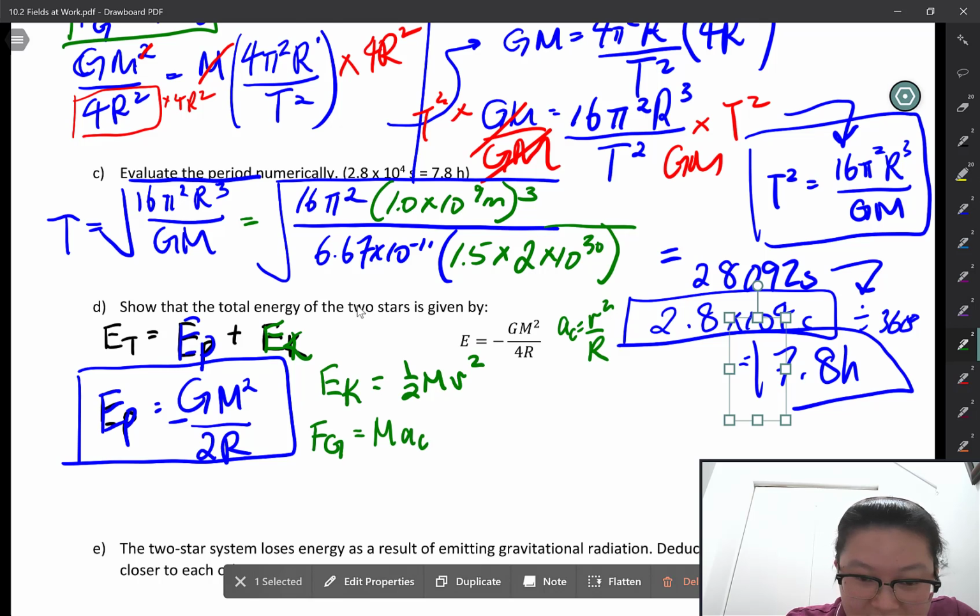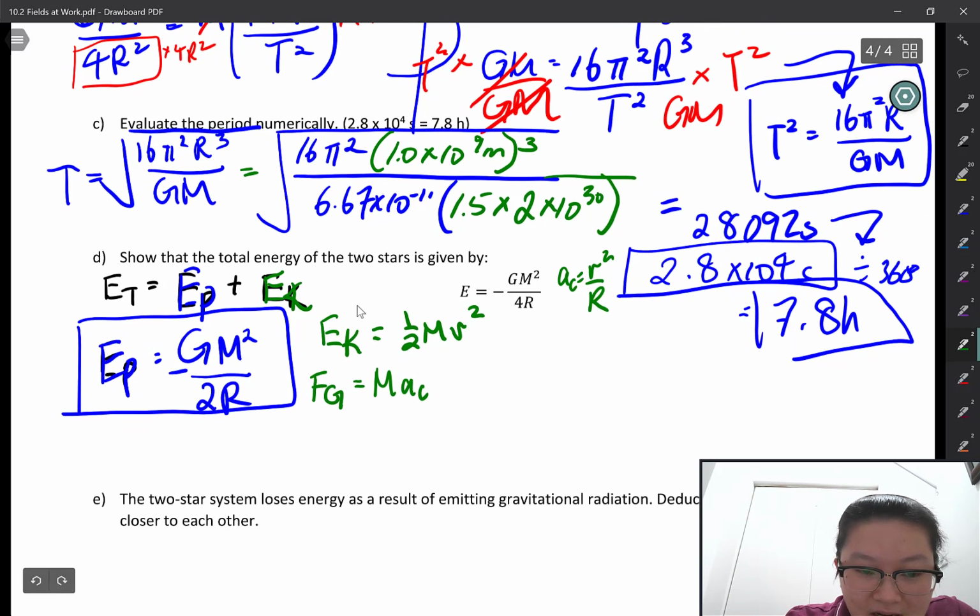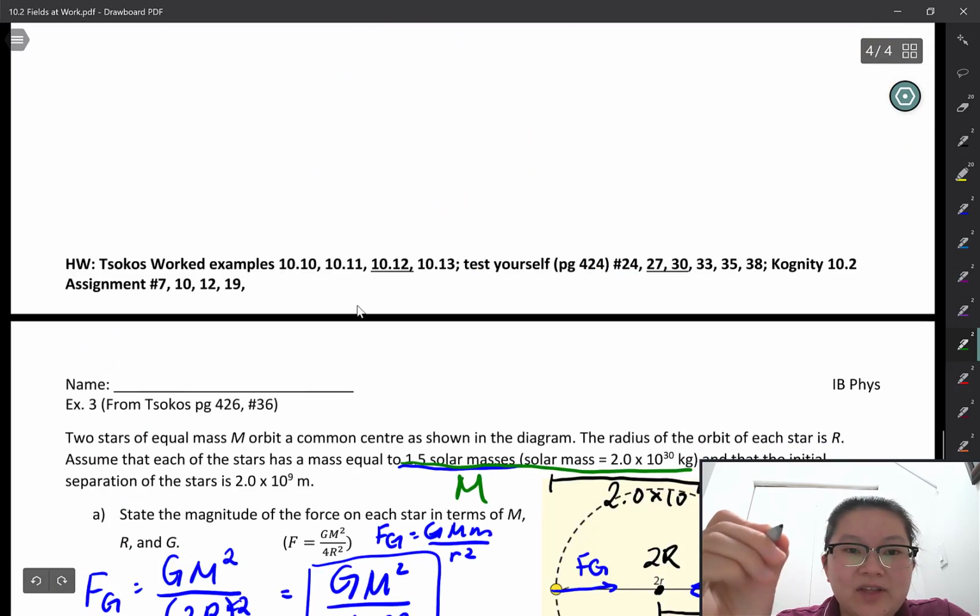So if we substitute things in, I am going to get big G, big M squared. Actually, we found that out earlier.